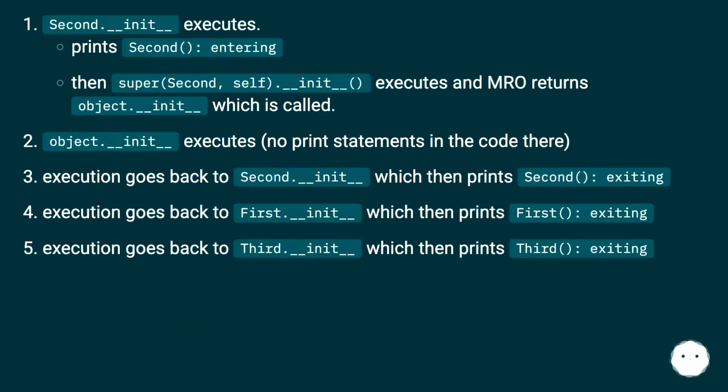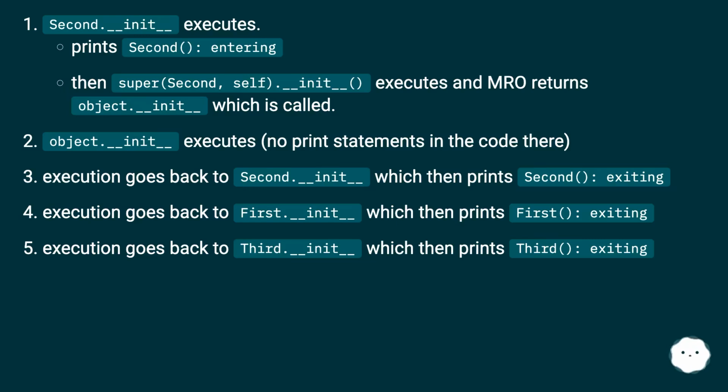Second.__init__ executes. Prints "Second: entering". Then super(Second, self).__init__ executes and MRO returns object.__init__, which is called. object.__init__ executes.